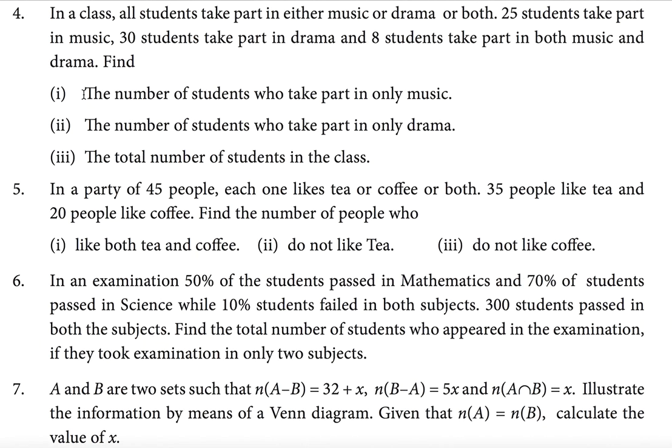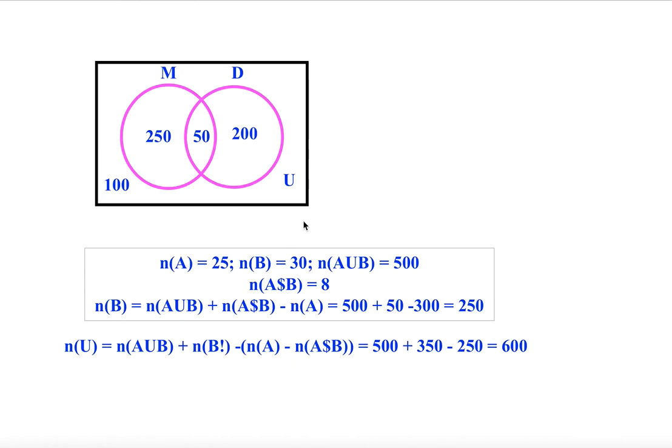That is what is being asked, the number of students who take part in only music. Okay, that also we will do, no problem. This is N of M, this is N of D, M union D. Fair enough.